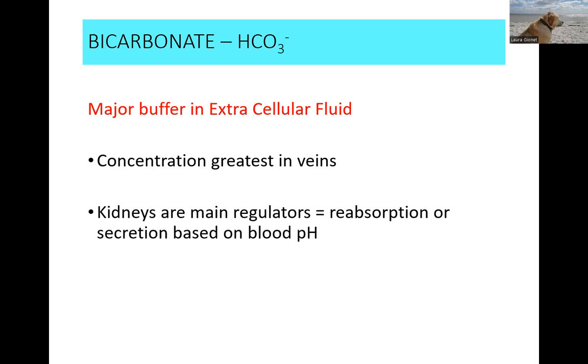And knowing what we know about the carbonic acid cycle, just briefly, the more carbon dioxide we have, the more hydrogen ion we produce, and thus the pH is decreasing. So we're going to have more bicarbonate available there to very quickly try to balance pH and interact with those hydrogen ions as an immediate chemical buffer. Kidneys are the main regulator of reabsorption and secretion based on blood pH.